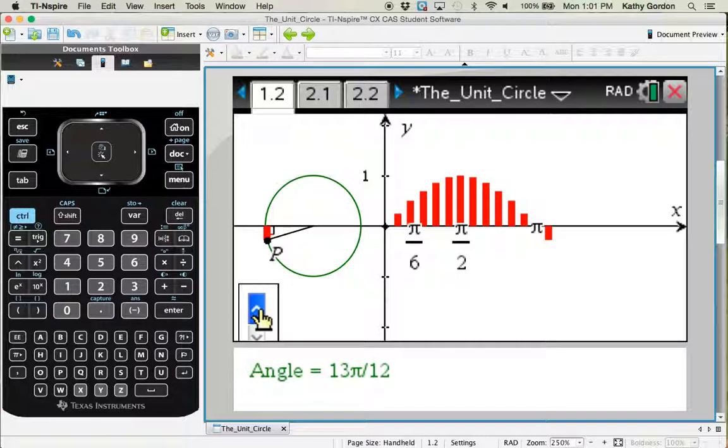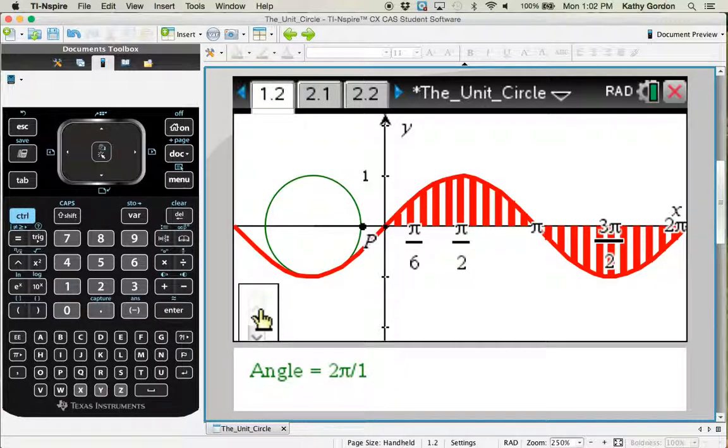And if I continue from there, my distance gets bigger again, but now I'm underneath the x-axis in my unit circle, and so I end up with negative values on my graph. Right? So that works. And that's going to go until 3 pi over 2, where I get the farthest away from the x-axis but in the negative direction. And then my distance shortens again until I'm back up here to 2 pi.